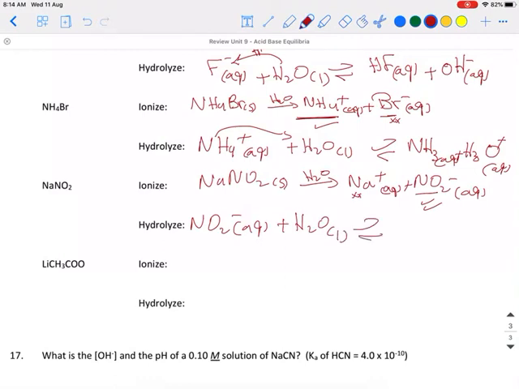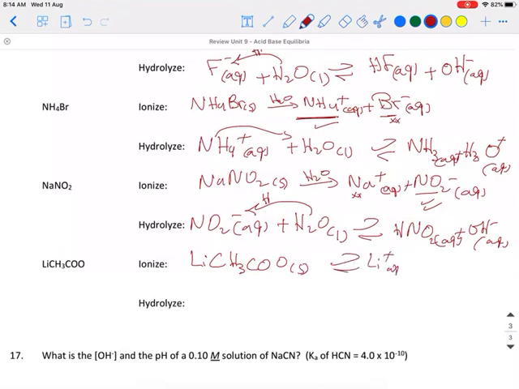So NO2 minus hydrolyzes with water. According to Bronsted-Lowry, H plus migrates from water to NO2 minus to give the corresponding HNO2 aqueous plus OH minus aqueous.